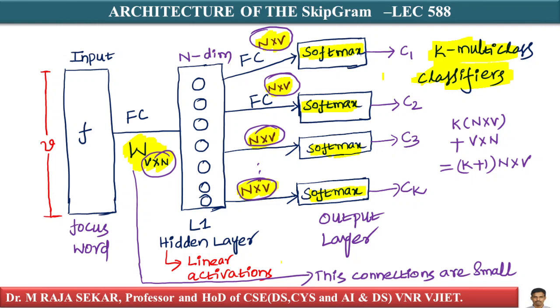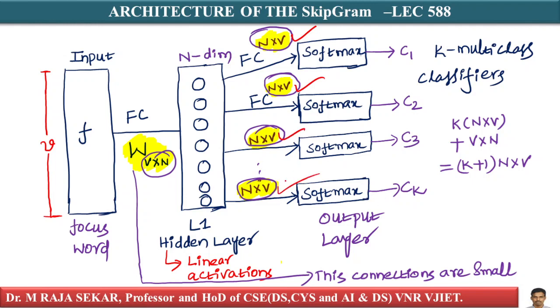If you think about computationally the number of weights in SKIPGRAM, how many n cross V weights do you have? You have K n cross V weights. This is the first n cross V weight, second n cross V, third. How many such n cross V weights are there?